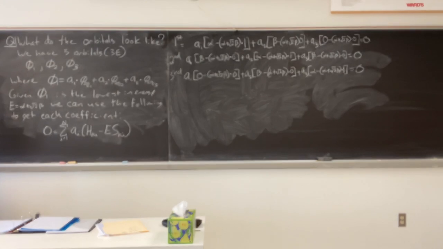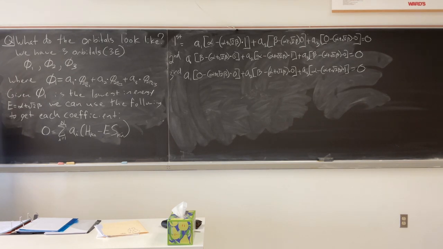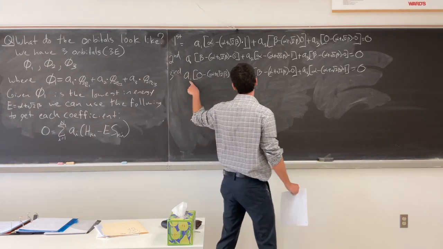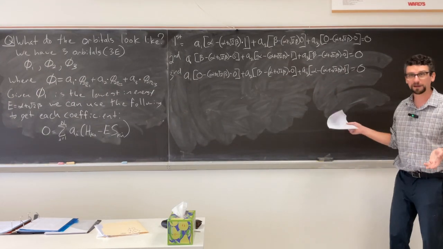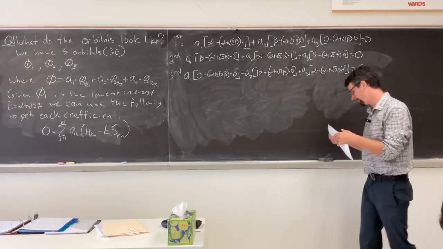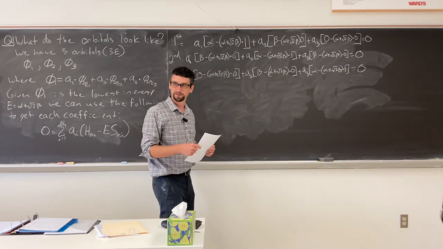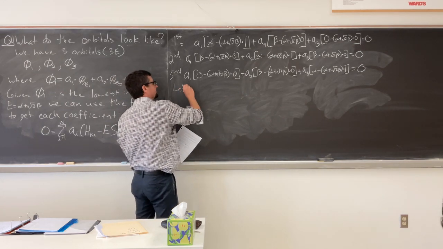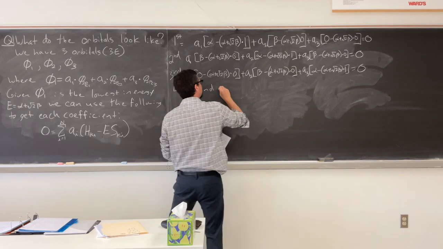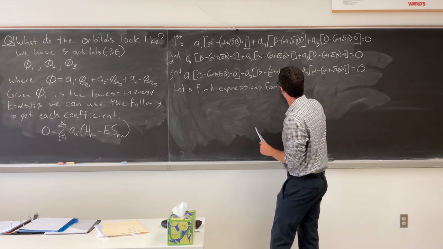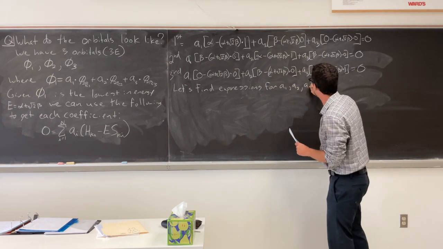Okay. 3 equations, how many unknowns? 3. Because we don't know A1, A2, and A3, but now we have 3 equations and 3 unknowns. We can solve for these things and get our coefficients. Yeah, there's a lot of algebra here. Let's focus, so let's find expressions for A1, A2, and A3.